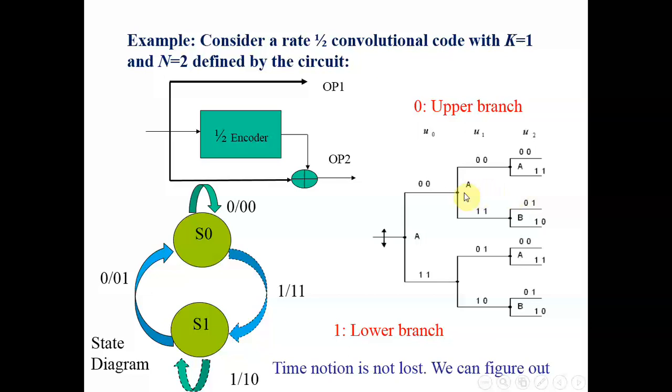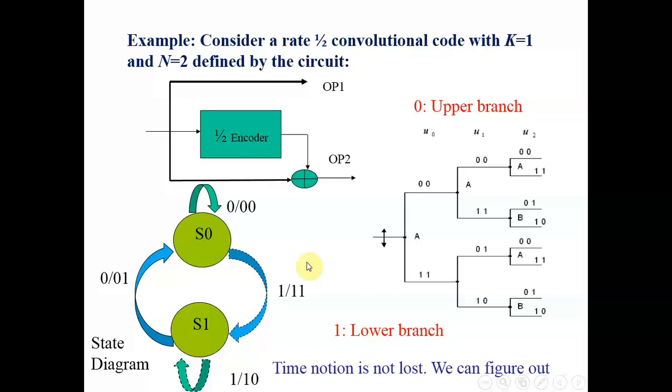So this particular code tree representation retains the notion of time, which is not retained with the help of state diagram. That is the advantage of this tree, but the disadvantage is it's an expanding structure both in horizontal as well as in vertical direction. But if you look at the state diagram, it is the most compact representation, but obviously the disadvantage is there is no time notion present in the state diagram. So whenever you are in a particular state, you don't know how many bits you have received so far.